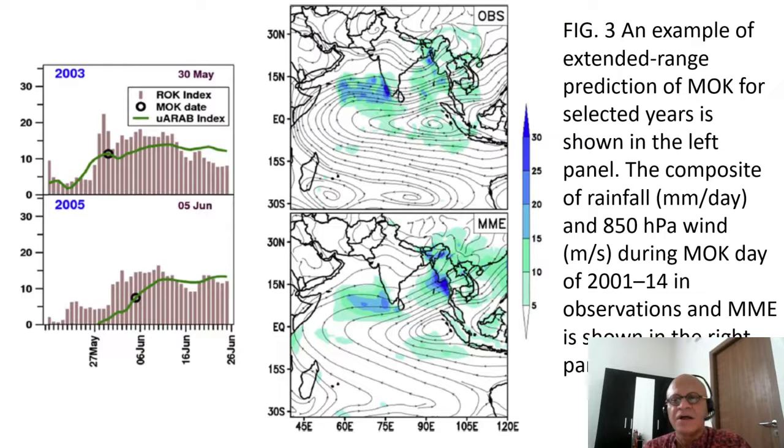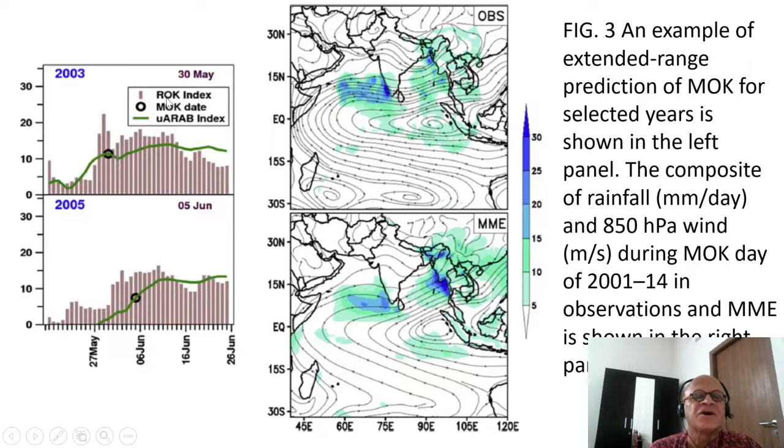Okay. This is an example of the extended range prediction of monsoon onset over Kerala for selected years. Shown here is the composite of rainfall in millimeters per day and 850 hectopascal winds during the MOK day of 2001 to 2014, in observations and the MME on the right panel. So the colors are observations and the forecasts are shown here, and what can you say?